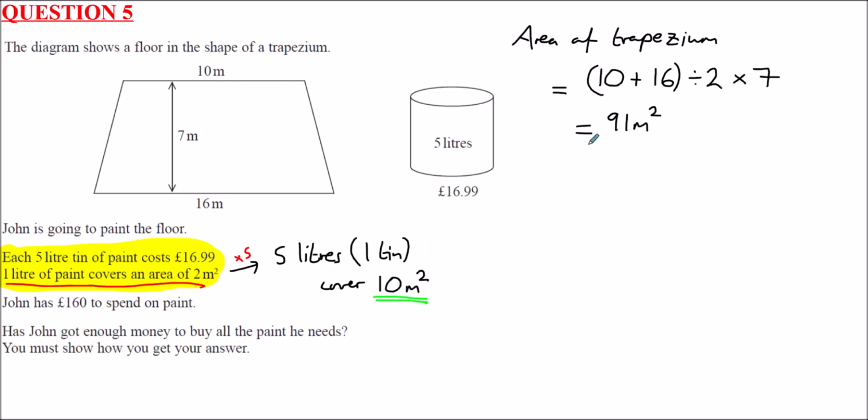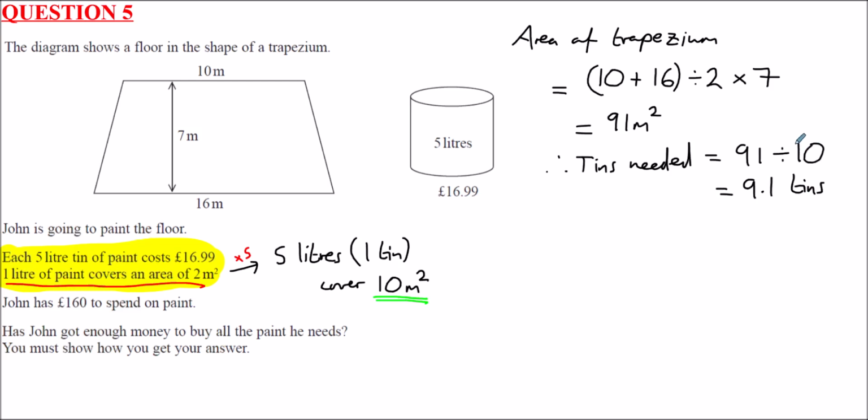But of course, we've got 91 square metres to cover. Each tin will cover 10 square metres, so therefore we can work out how many tins of paint are needed. So tins needed will be the 91 square metres divided by 10, which gives us 9.1 tins needed.